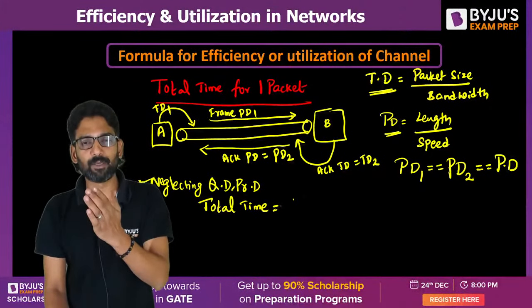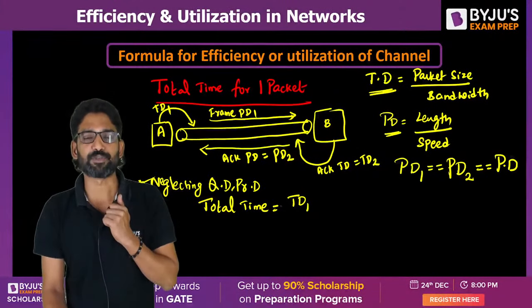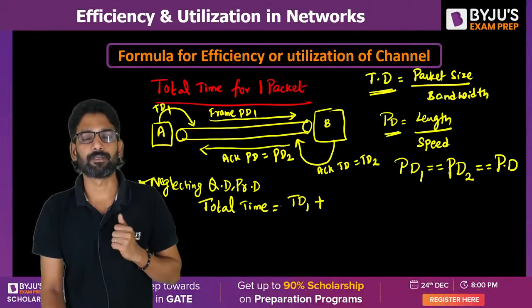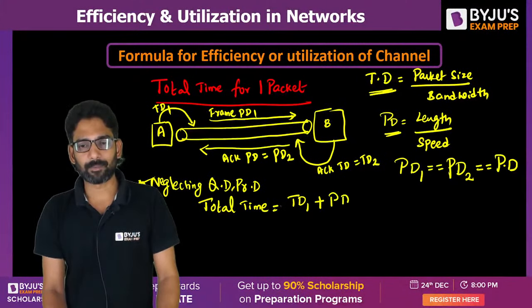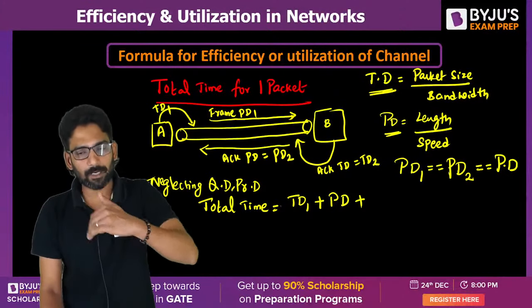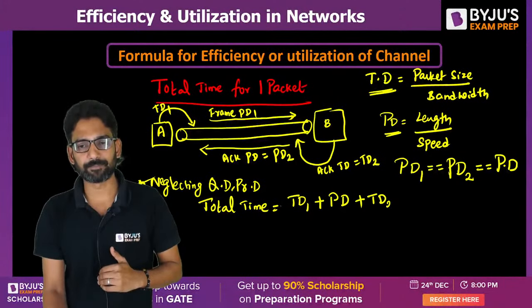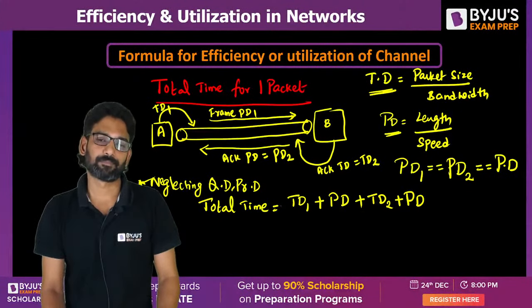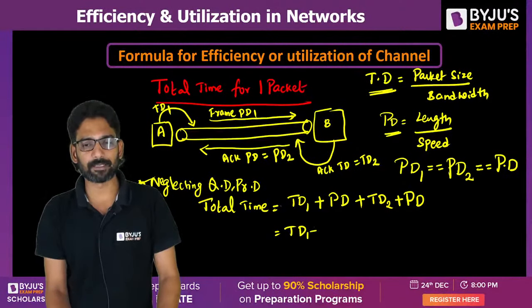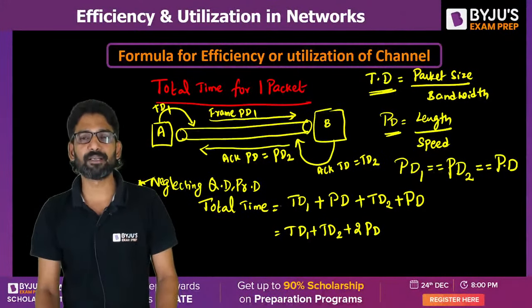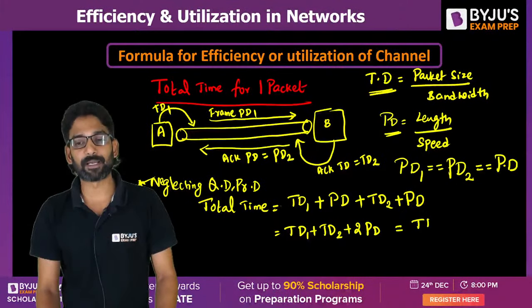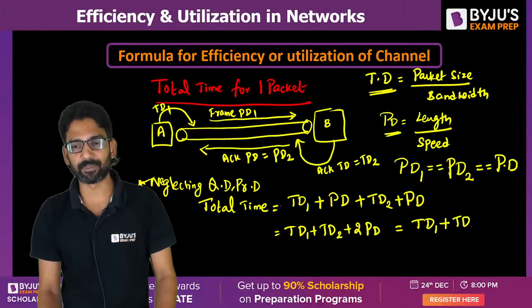The frame should be loaded into the channel, frame transmission delay plus frame propagation delay plus acknowledgement transmission delay plus acknowledgement propagation delay. So this is TD1 plus TD2 plus 2 times of propagation delay. So what is this 2 times of propagation delay? We call as round trip time, to journey, fro journey time, isn't it?